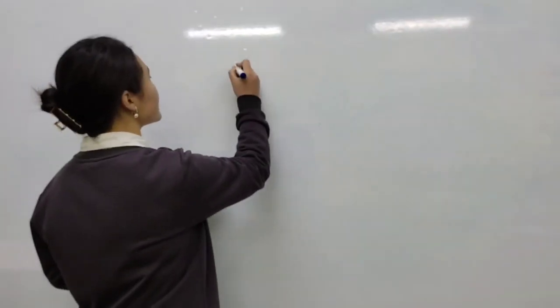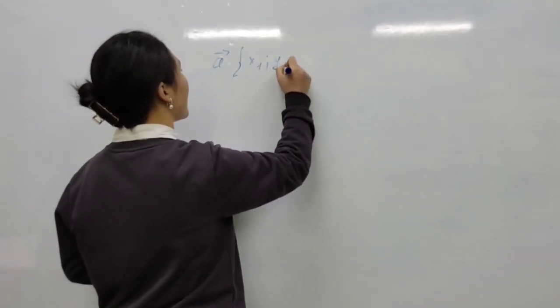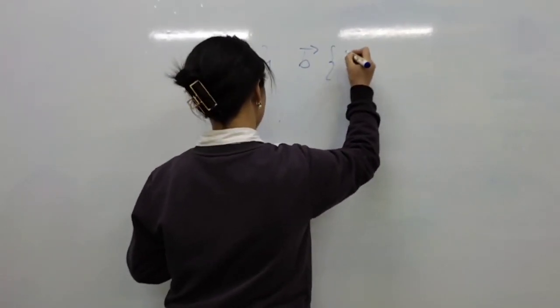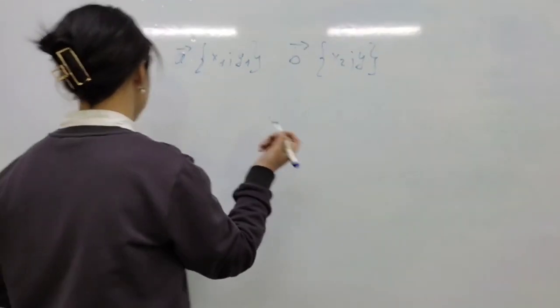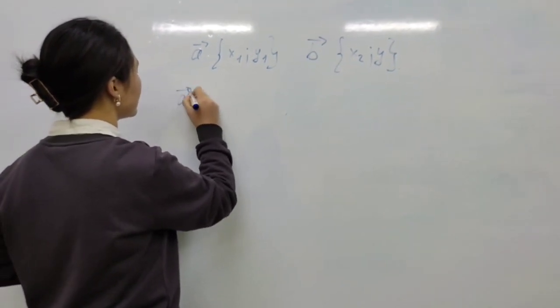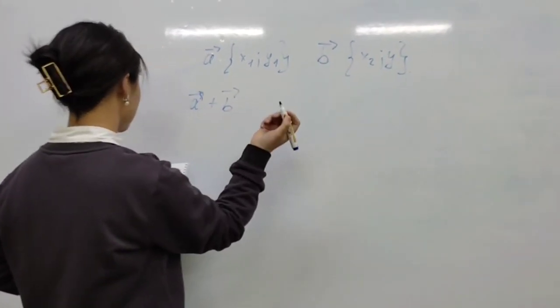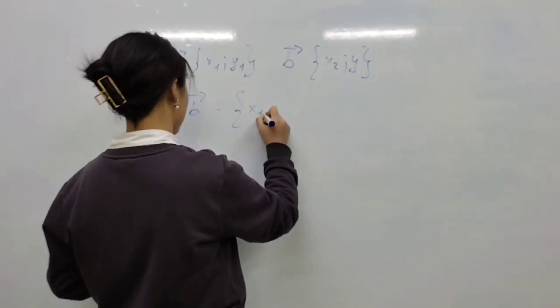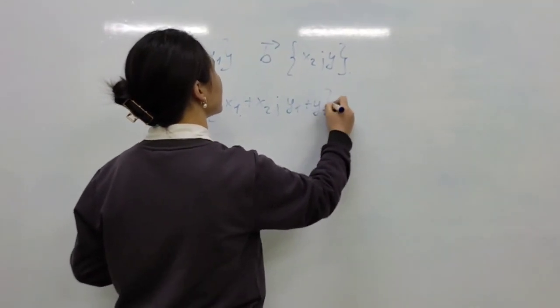Operations with vectors in coordinate form. Okay, if given vector A is the set of x1 and y1, and vector B is the set of x2 and y2, then the vector equal to vector A plus vector B has coordinates x1 plus x2 and y1 plus y2.